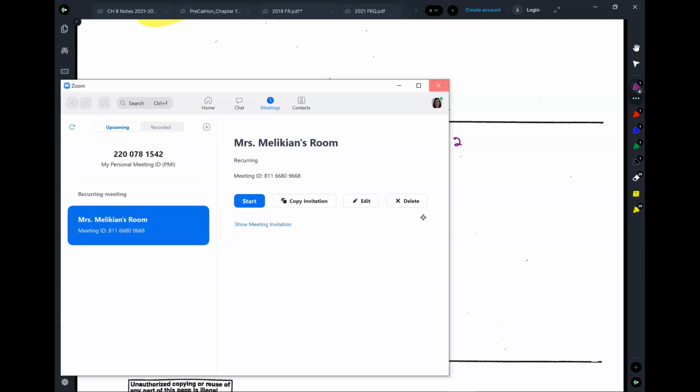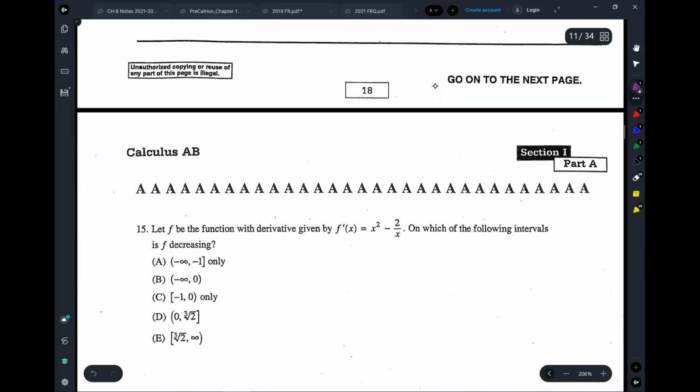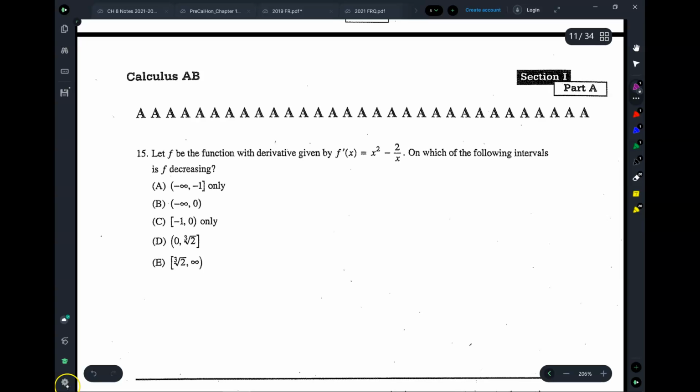I wonder what the percentage is of students who actually know how to do it and get the right answer, but then just because of the wording of the problem, they miss it. So the derivative is given by f prime, this. On which of the following is f decreasing? So f decreasing means f prime is negative. Okay?